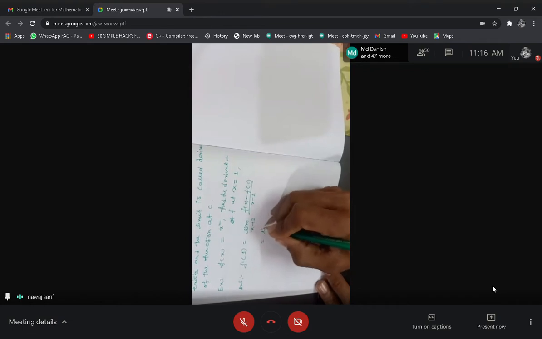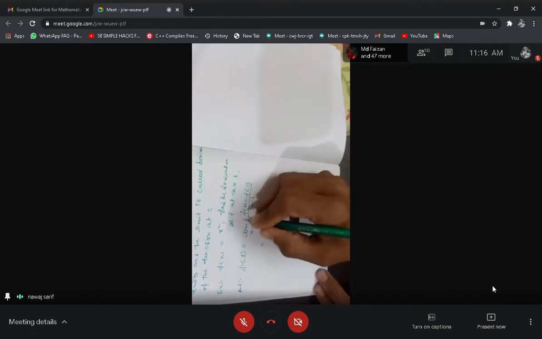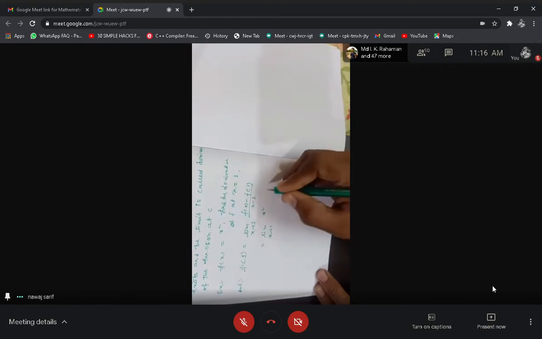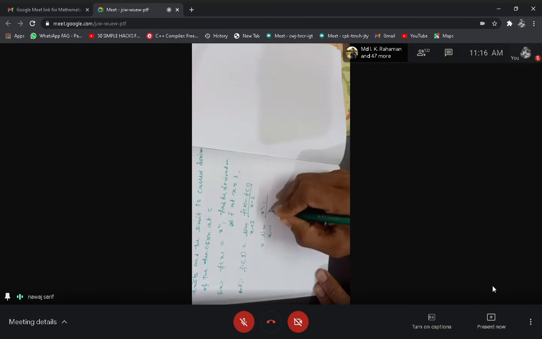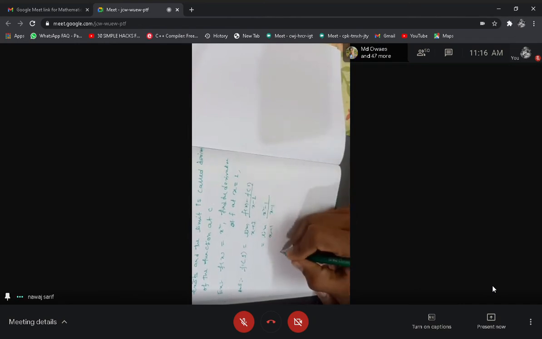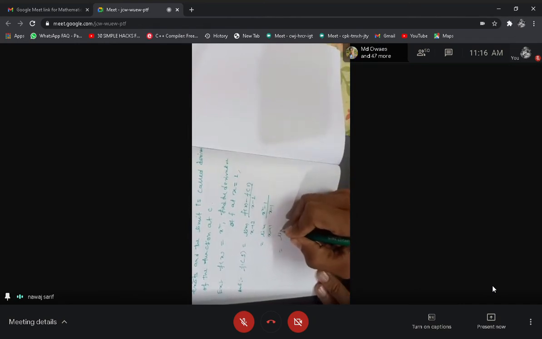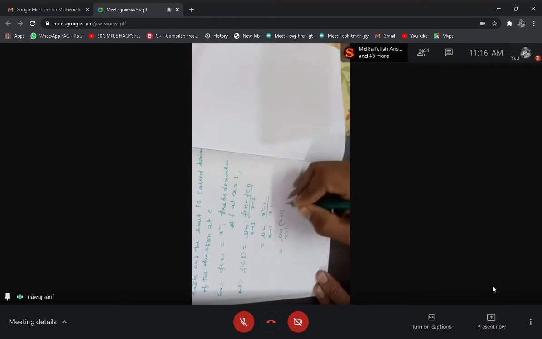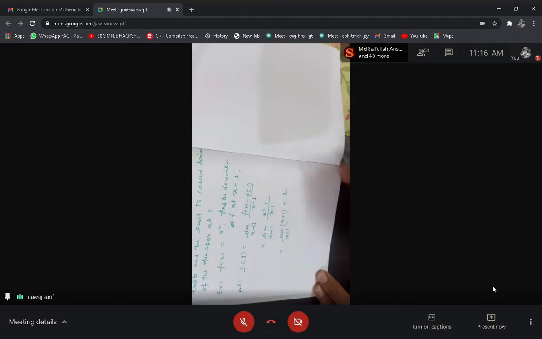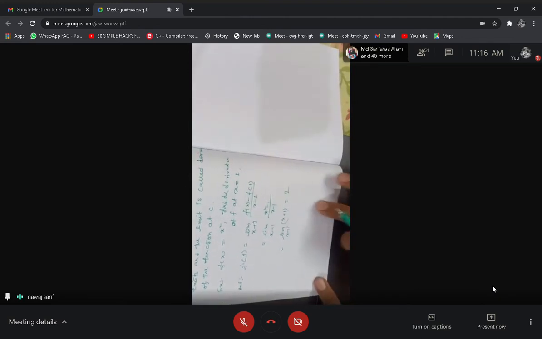So this one is limit x tending to 1, f x is x square and f 1 is 1, so this is divided upon x minus 1, and from this one we get limit x tending to 1 of x plus 1. So this is 2. So using the definition of limit, you can also find the derivative of this function.